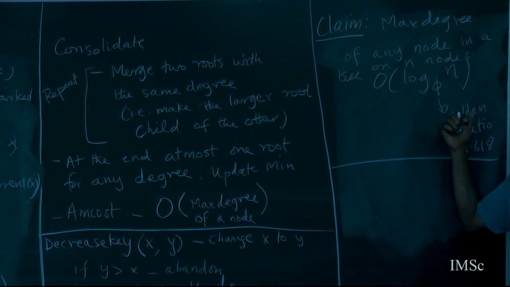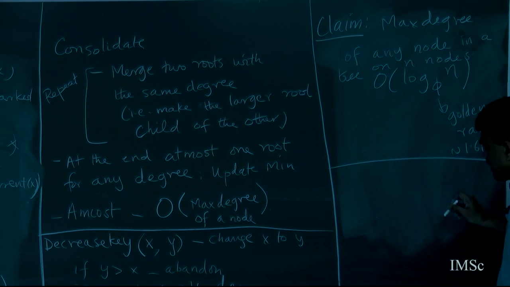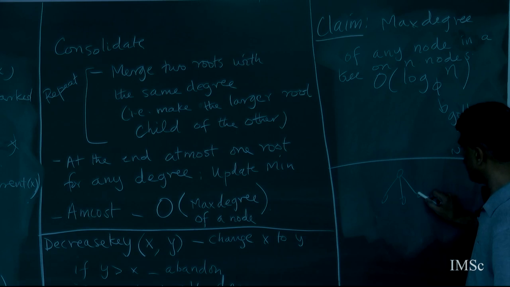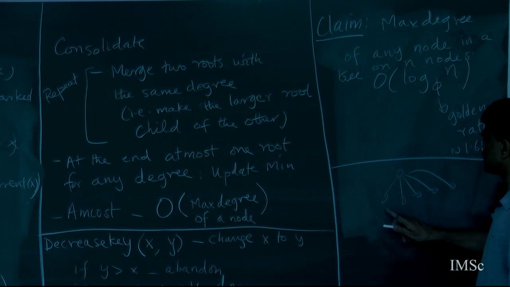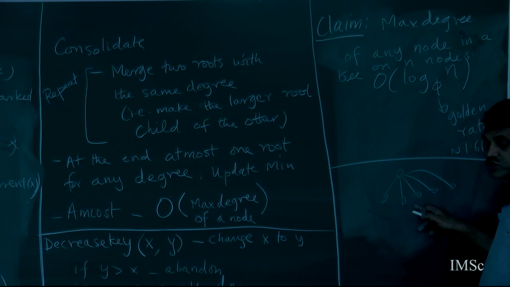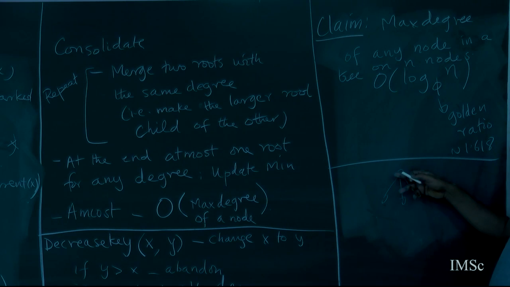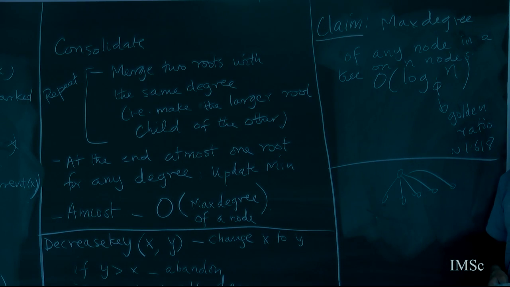If I allow arbitrary cuts, I cannot say this, because I could have a tree like this, where this lost all its children, this lost all its children, all of this, and then I have only 6 nodes here, but its degree is 5, closer to linear than logarithmic.